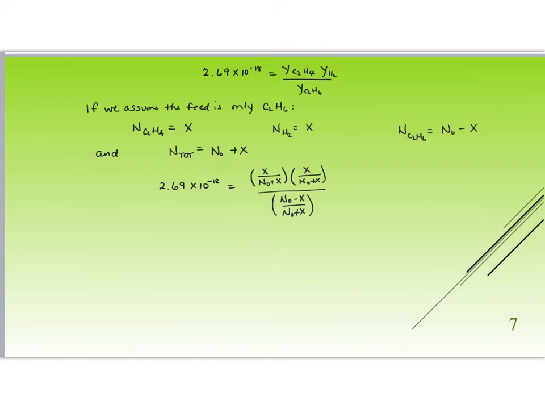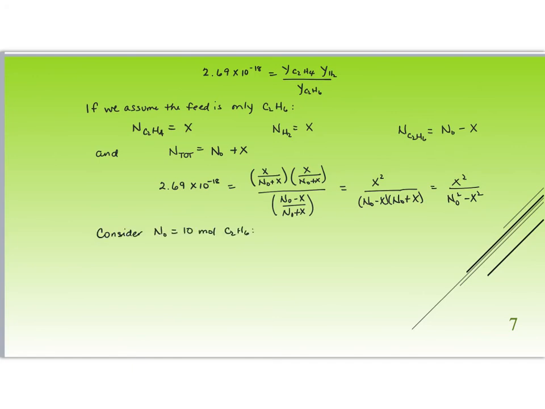an expression where n naught would be some known value and we have x's everywhere. We can simplify this somewhat by clearing the denominator n naught plus x. So we end up with x squared over n naught minus x times n naught plus x, or x squared over n naught squared minus x squared.